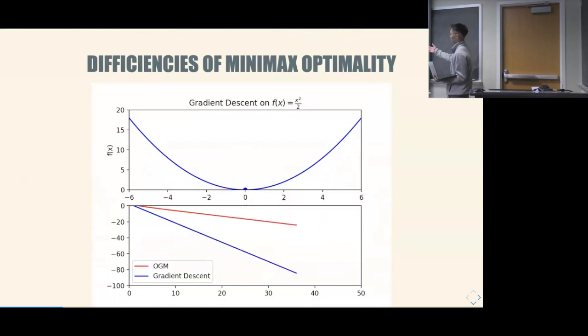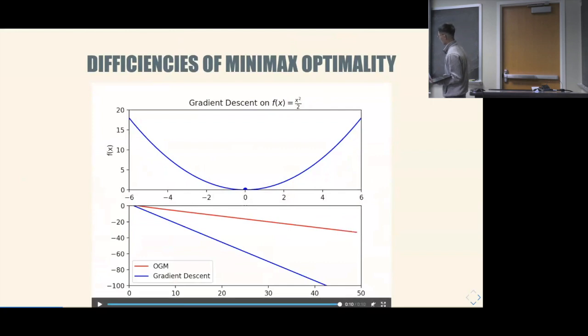Here I have a very simple function. This function is 1/2 x squared. And I'm comparing the performance of vanilla gradient descent, with some fixed step size, and the optimized gradient method. What you can see is that gradient descent will beat out the optimized gradient method on this particular function.